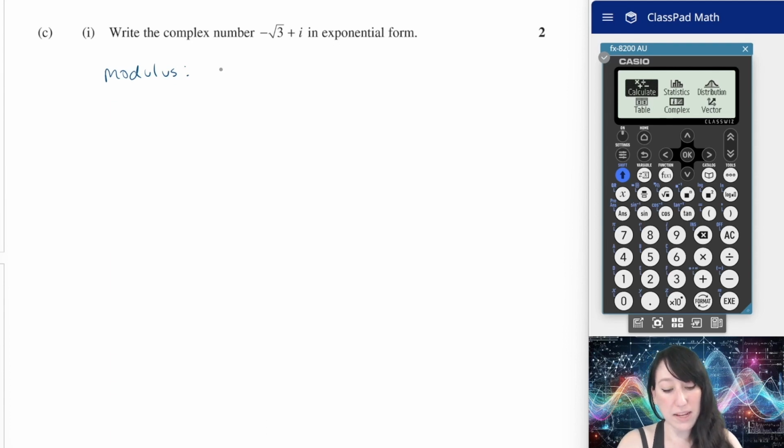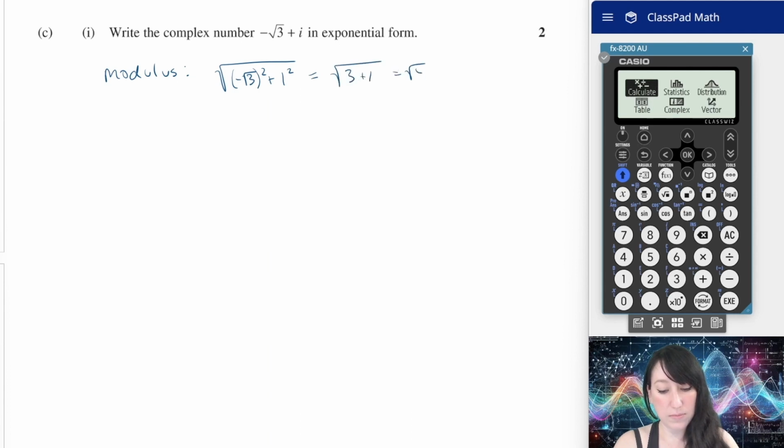So its modulus would be the square root of the real component squared plus the imaginary component squared, and we get 2. The argument can be found by considering that tan of the argument is equal to the imaginary component over the real component.